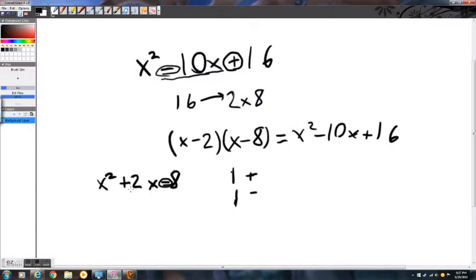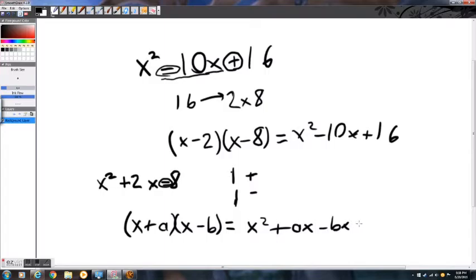However, what we can tell from the plus 2x is that when we factor x plus a times x minus b, what we have is x squared plus ax minus bx minus ab. From this, we know that a must be larger than b. More importantly, the positive term is greater than the negative term.